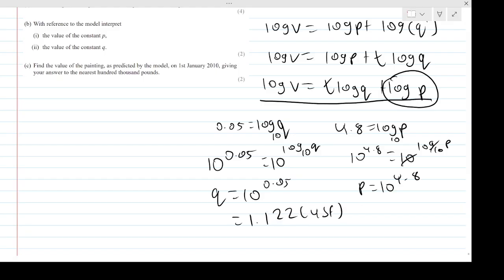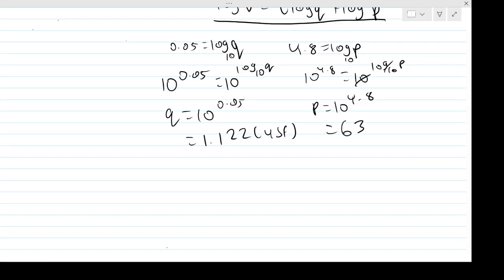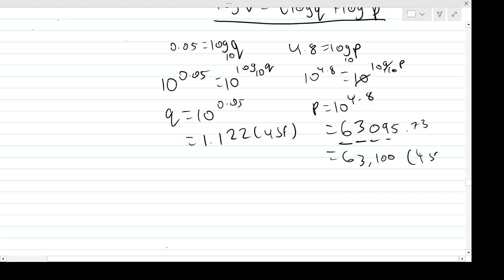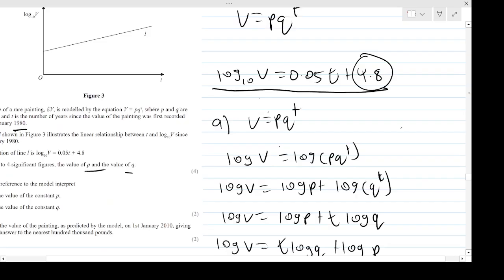And here 10 to the 4.8 is 63095.73, but obviously then to four significant figures, that would be 6309, but then the 9 rounds up to 1, so effectively that would be 63,100 to four significant figures. And there we are. And so that is my value of P and Q.